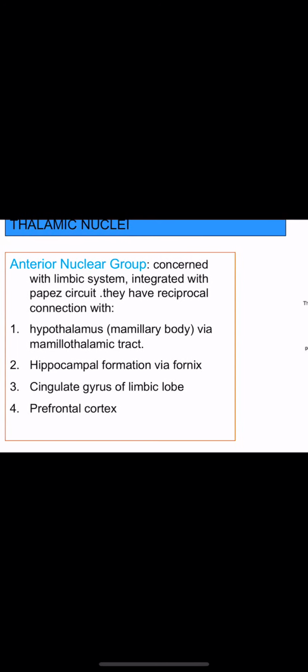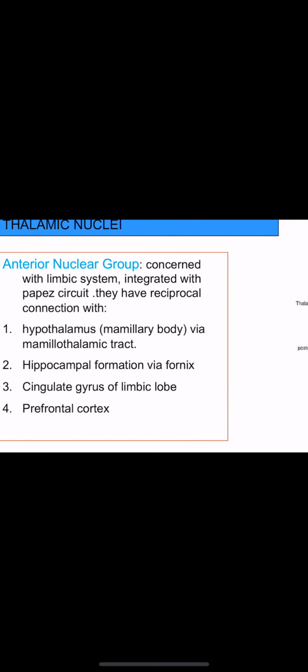So the functional considerations of the thalamic nuclei, we will discuss in another way, according to the type of nuclei or according to the group of nuclei. For example, if we take the anterior nuclear group, these are concerned with limbic system function, like the connection with the hypothalamus or the hippocampal formation or cingulate gyrus and even the prefrontal cortex.